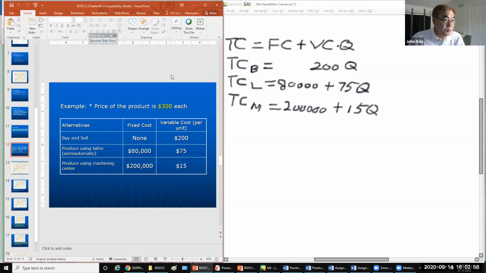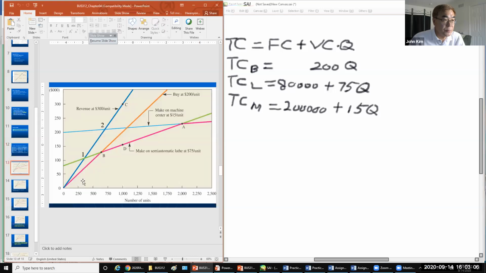So using this equation, we can draw graph for each option. First option looks like this, and second option looks like this. Start from $80,000 and then increase by 75.